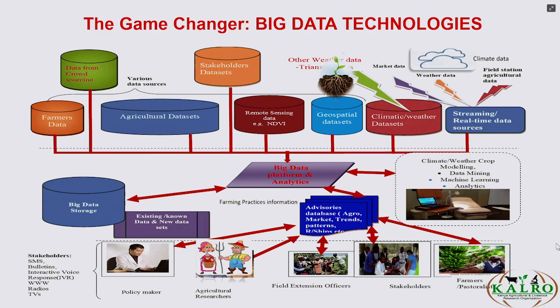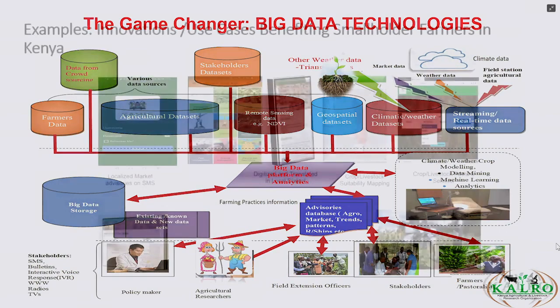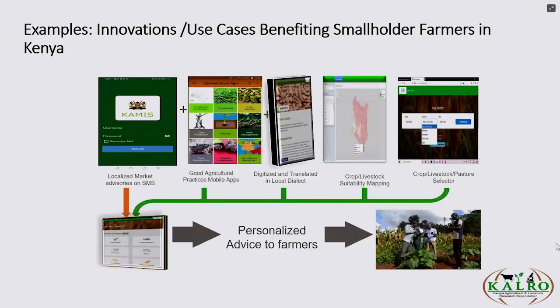So I'll be showing some of the examples that we have actually used in this case. One of them is a market information system we have built. We provide advisories to farmers on daily market prices, and this is one area because farmers face a challenge with access to market.